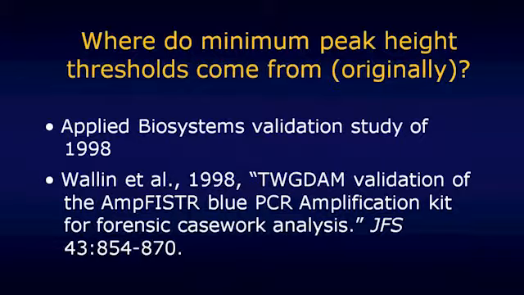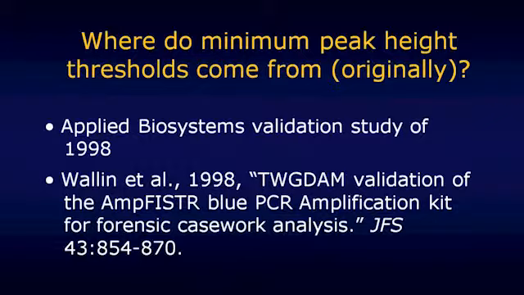This is a phenomenon that is unique to forensic DNA profiling. No other discipline that I know of draws a line like that to distinguish between signal and noise, between signal that can be relied upon and signal that's less reliable. This is a fairly unique phenomenon. Its genesis in the field of DNA profiling goes back pretty much to the origin of the test kits that are used today by most of the laboratories around the world.